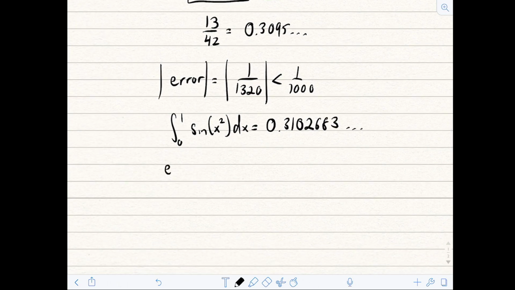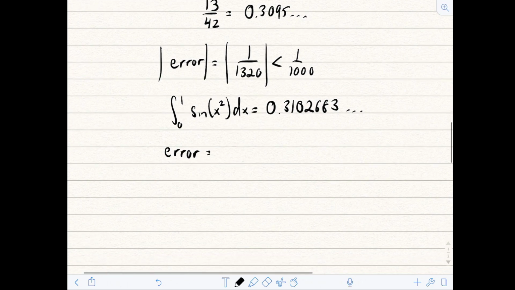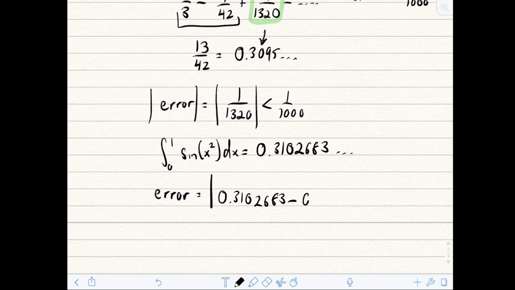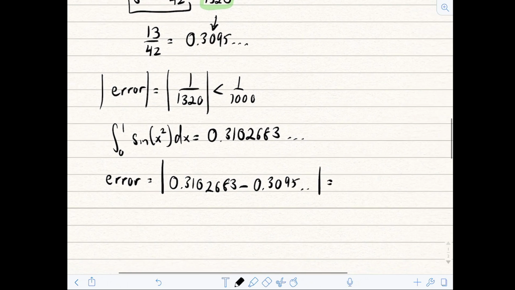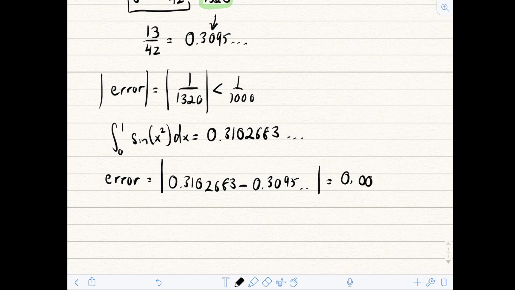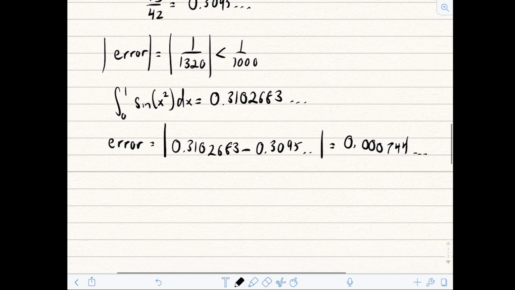And then if I wanted to figure out the actual error, this is going to be the absolute value of 0.310263, what I just wrote down, minus this value right here, 0.30995, and so on and so forth. That's going to yield me a number 0.000744, and then that goes on forever. So pretty accurate to, in a sense, 3 decimal places, which is pretty solid.